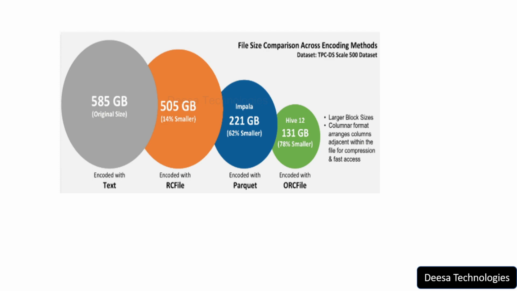From 585 to 131, about 78% smaller. Then you have the Parquet file format, which is not as great as ORC, but it's right up there. It has 62% compression, and it came down to 221 GB. So that's where we are on the file formats.